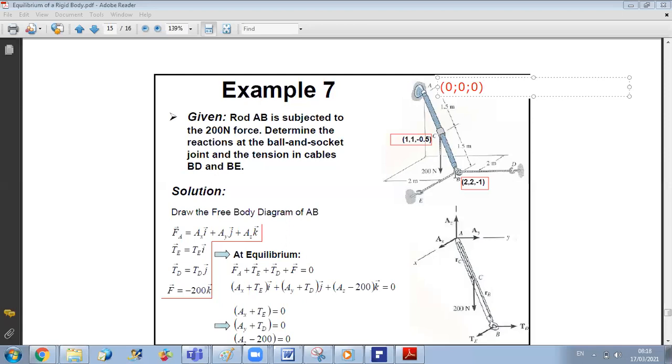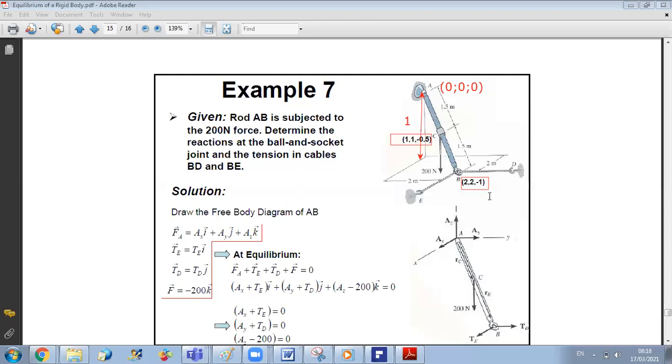For point B, along x it is 2, along y also it is 2, and they should give you this distance, which is 1, so along z for B it's minus 1.